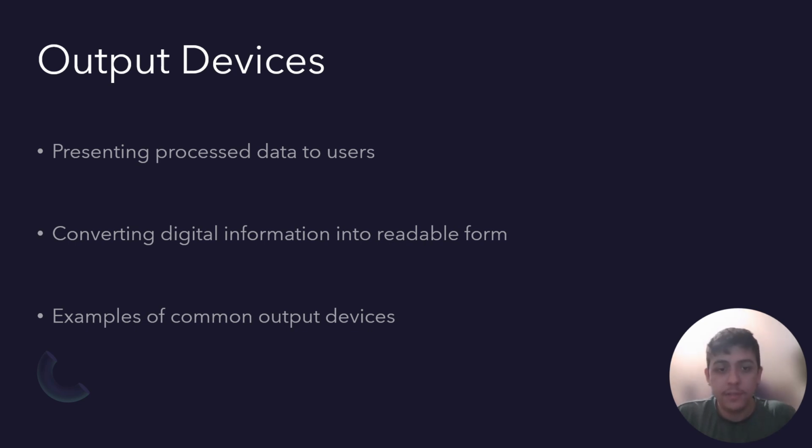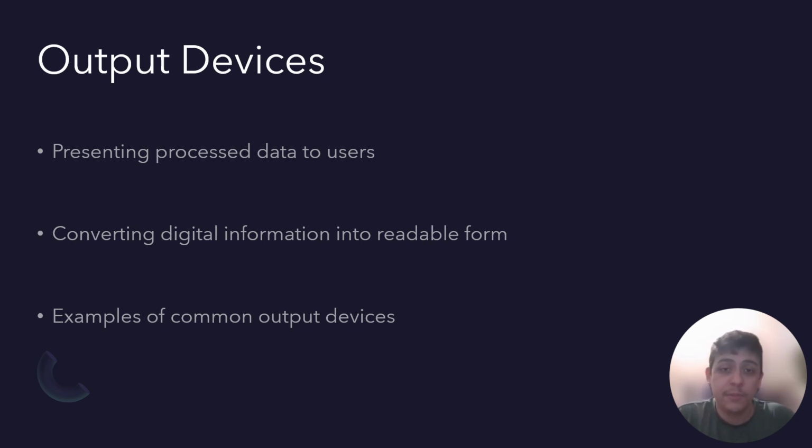Okay, our next topic is output devices. We just went over the general layouts of both of these in the previous slides, then went to input, and now we're going to output. The output devices, as we said, are responsible for presenting the results of computer processing to the user. After the CPU processes data, the information can be converted into a format that humans can understand.